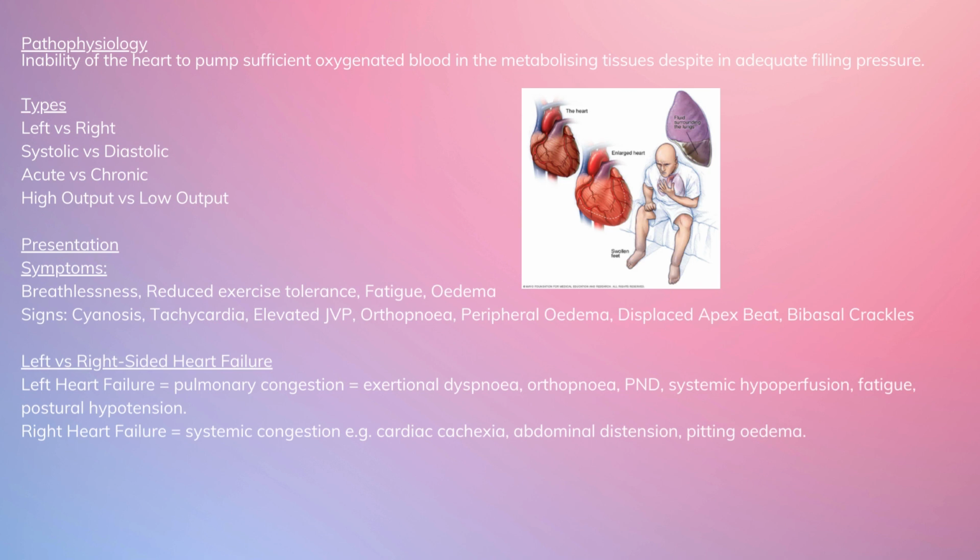Other types of heart failure include systolic versus diastolic heart failure. Systolic heart failure is when the ventricles are able to fill properly, but there is an impairment in the contraction of the ventricles. And this means that even though the ventricles fill up well, the heart isn't able to pump the blood sufficiently out of the ventricles because the myocardial contraction during systole is impaired.